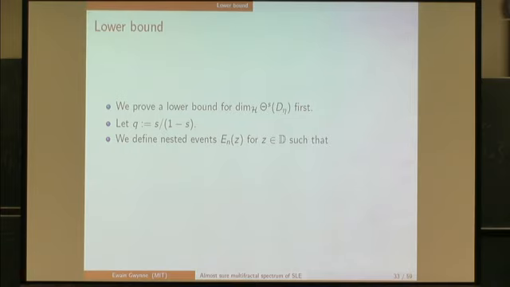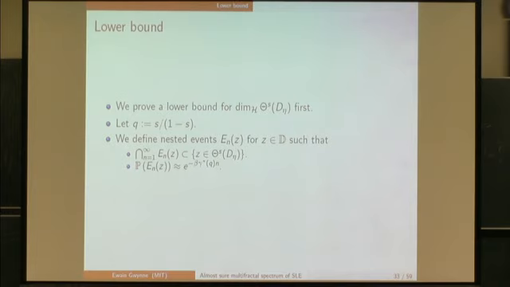And the way we're going to prove a lower bound is by a more or less standard argument. So what we're going to do is define nested events, E_n of z, for each point z in the disk with the following properties. If E_n of z occurs for every n, then z is in our multifractal spectrum set.